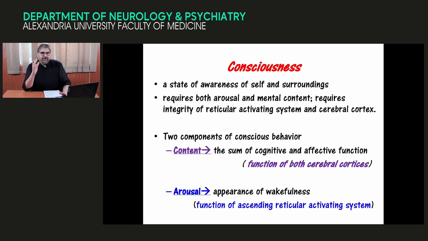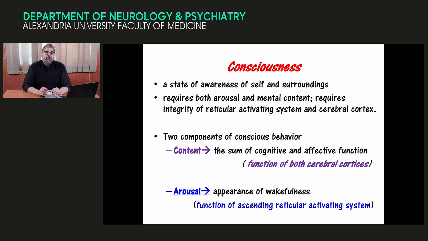Simply, consciousness is defined as the state of awareness of self and surroundings. It means that I'm fully conscious, I'm attending to my surrounding environment, my colleagues, my friends, and I'm communicating perfectly with the surroundings. To have a fully conscious patient, the patient requires both the state of arousal, of being or looking awake, and the state of intact mental content.